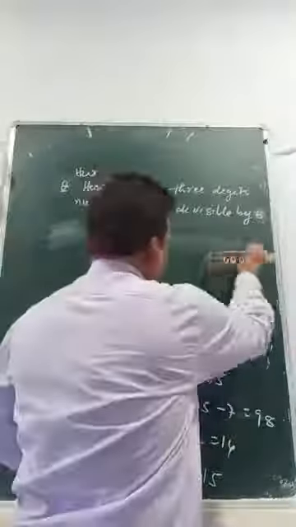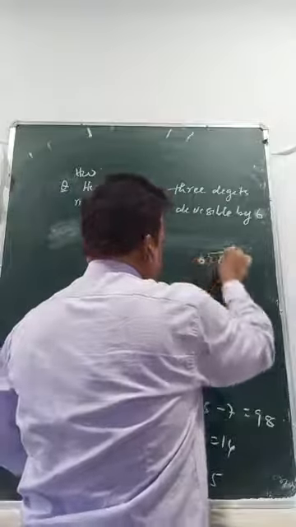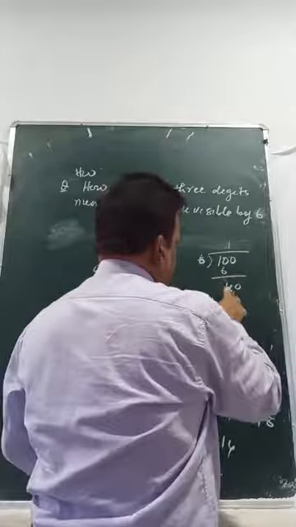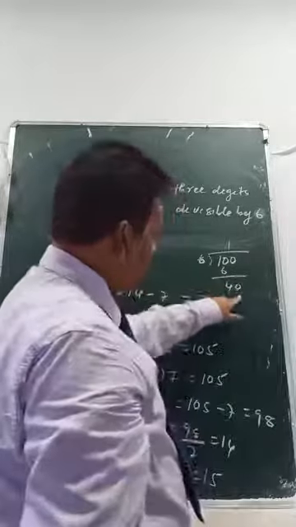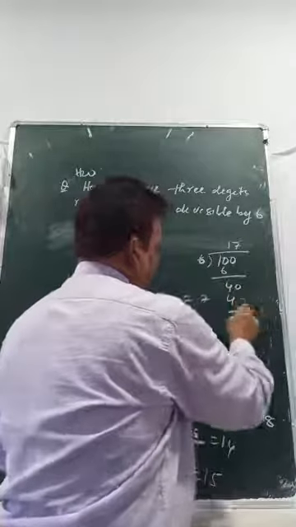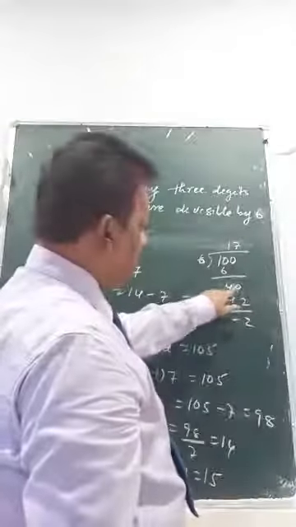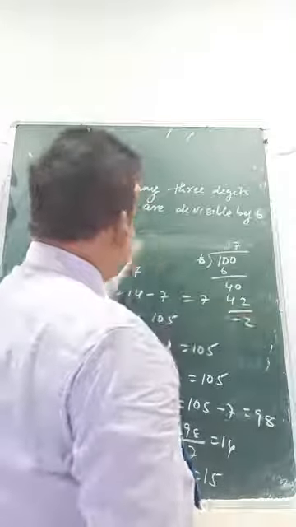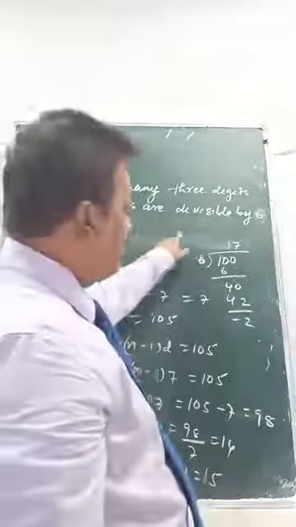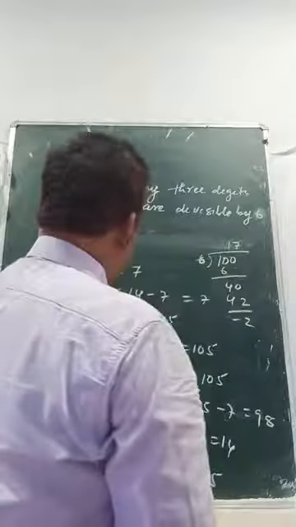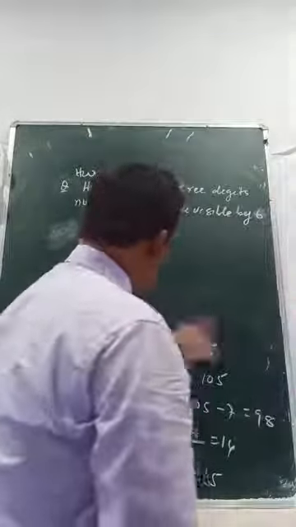You divide by 6: 6 ones are 6, 40, 6 sevens are 42. That means this should be 42, which is 2 shortage, so the number should be 102. So 6, 12, 18, and the last number is 102. You have to find out. Okay, this is your homework.